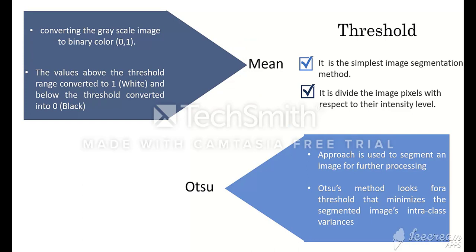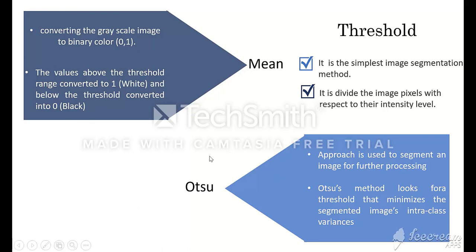First technique is threshold. Thresholding is the simplest image segmentation method. It is used to distinguish between the image background and image foreground and divide the image pixels with respect to their intensity level.